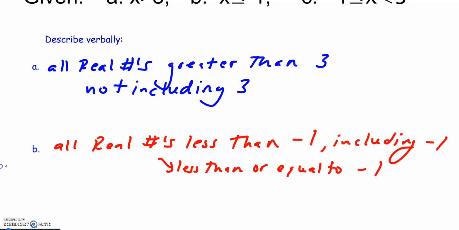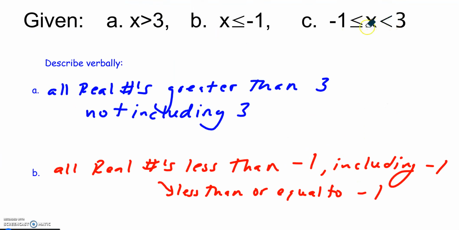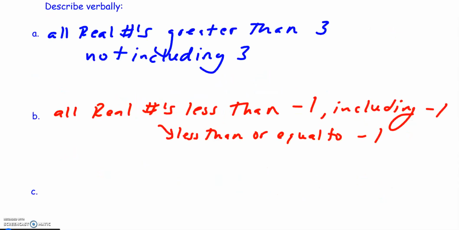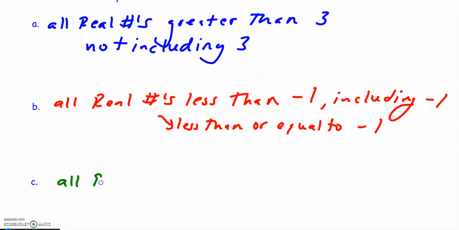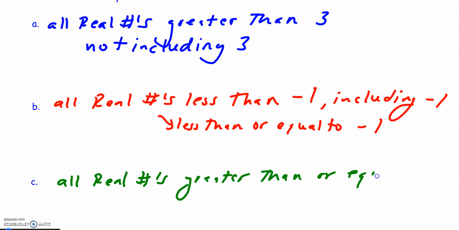Part C is the same situation as above, that x is greater than or equal to -1 and less than 3. So you could write that: all real numbers greater than or equal to -1 and less than 3.